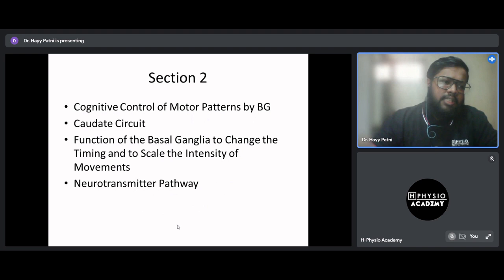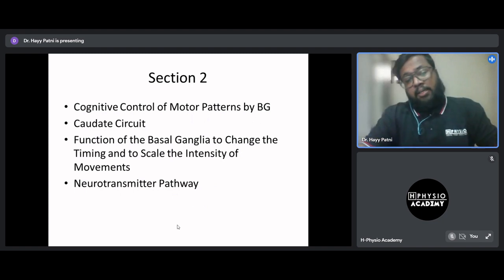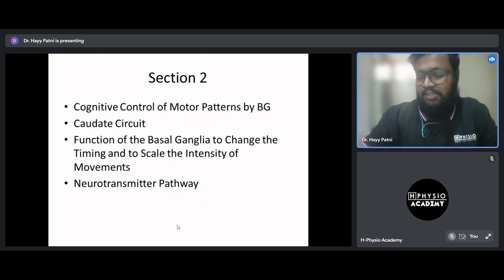So today we'll be seeing some aspects of the circuits. Like last time we had covered the putamen circuit. Today we'll be seeing the caudate circuit and also how the basal ganglia is heavily involved in the cognitive control of the motor patterns. We will also see the function of basal ganglia to change the timing and to scale the intensity of movements.